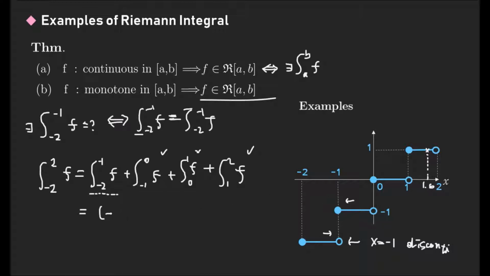This is minus 2. This is minus 1. It looks like multiplying this length and this length. This is 0. And this is 1. So this value is minus 2.